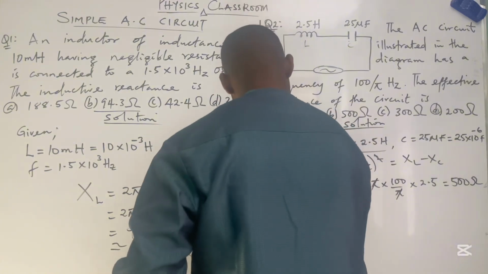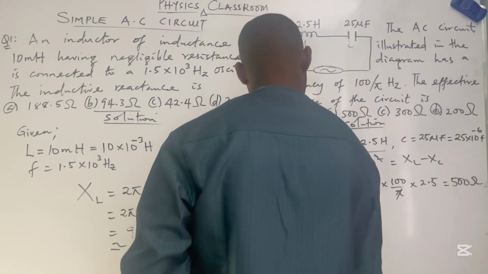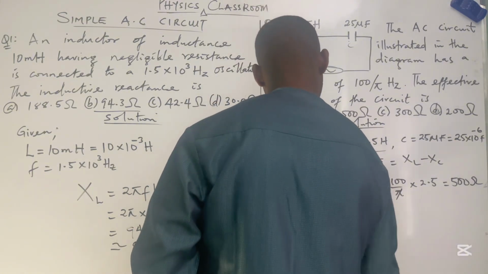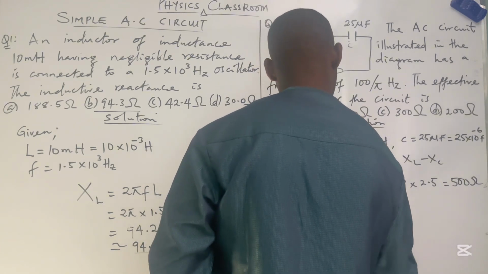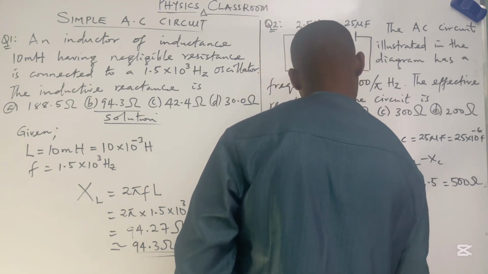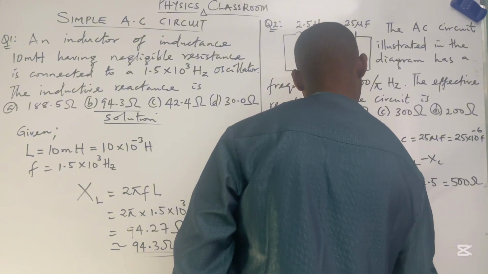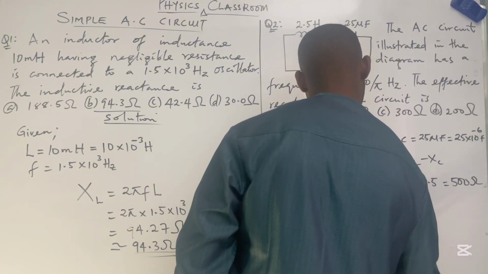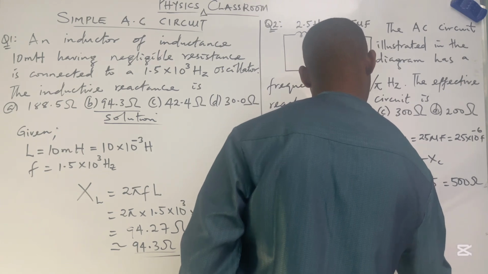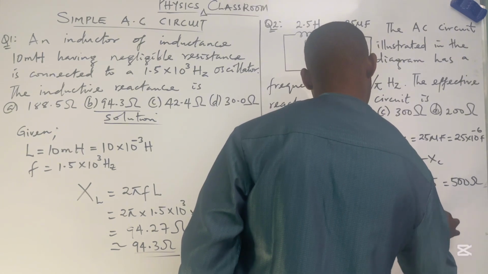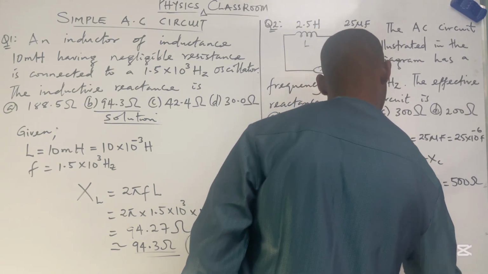Then we move to capacitive reactance, XC, which can be calculated using the formula 1 all over 2 pi FC. And that will be 1 all over 2 pi. The F, of course, is 100 over pi, times the C, which is 25 times 10 raised to the power of minus 6.